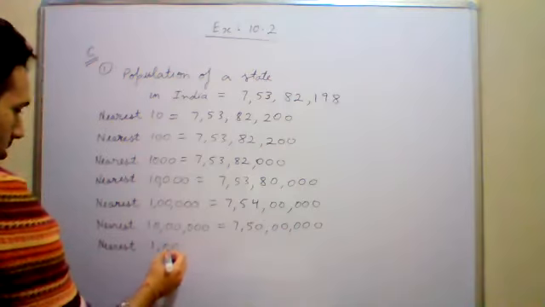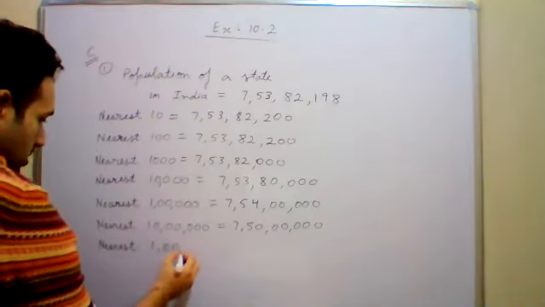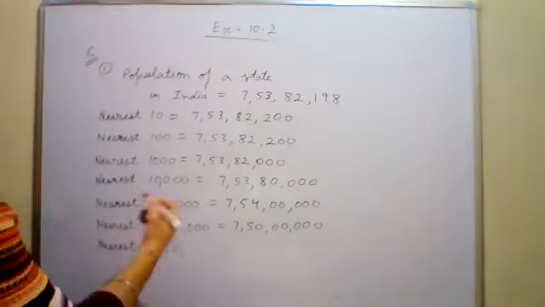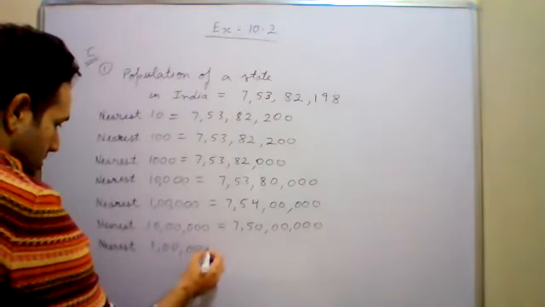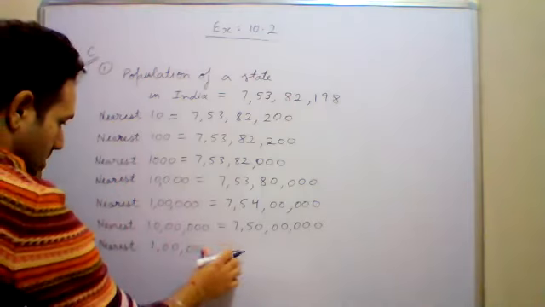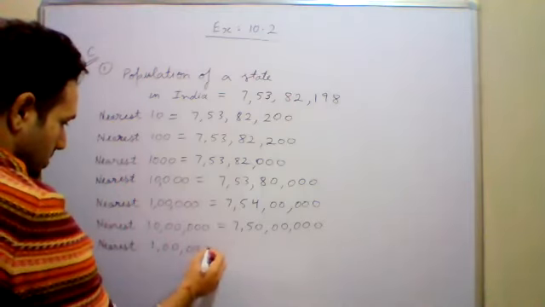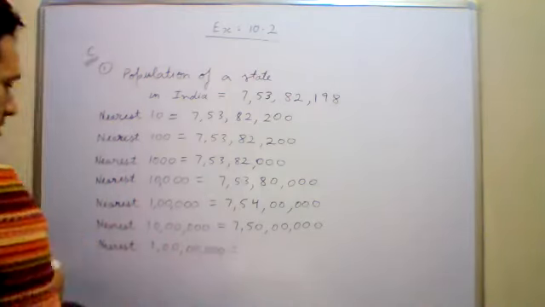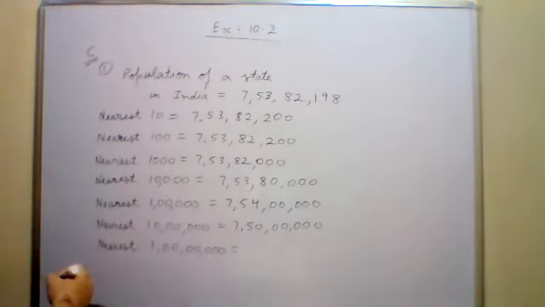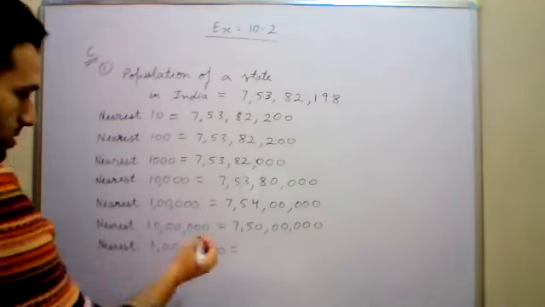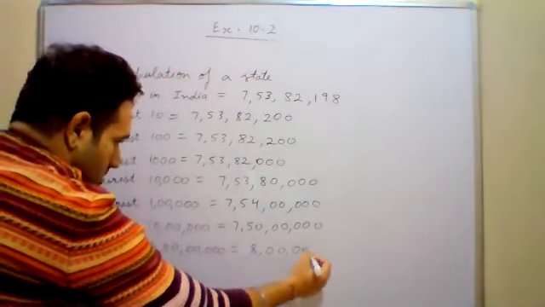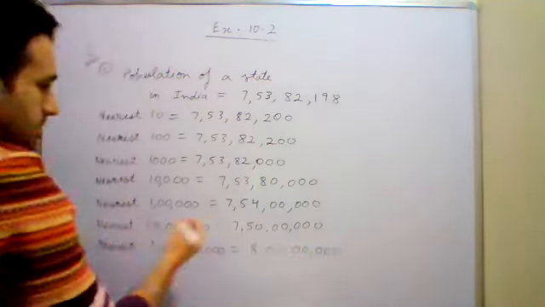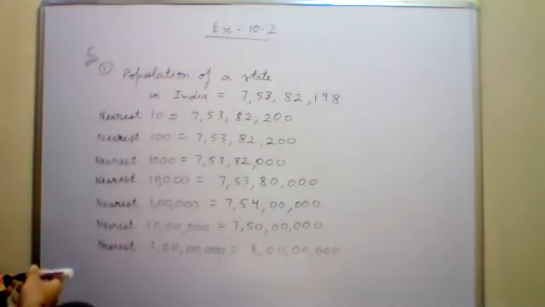But this number cannot be rounded off to nearest 10 crore because the population is smaller than that. So nearest crore, if you round off the number, you will get 8 crore.